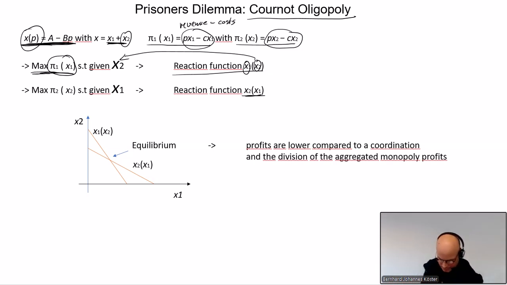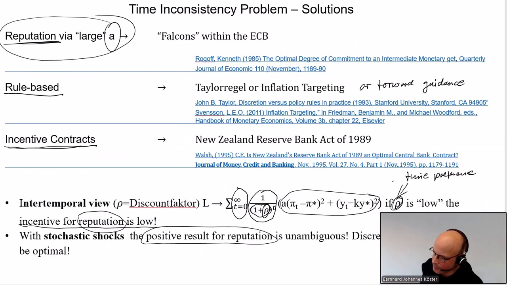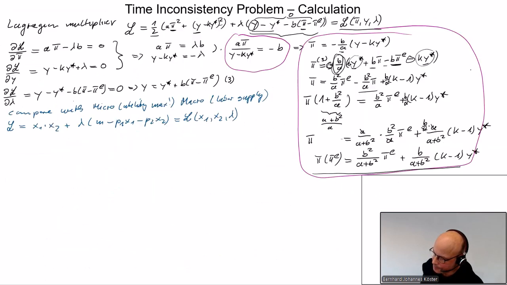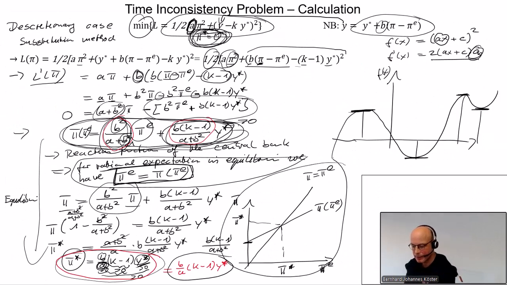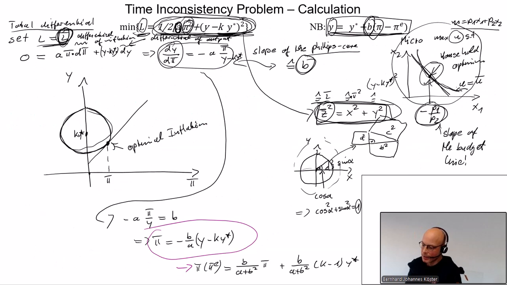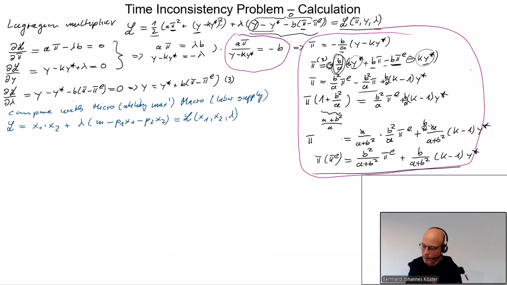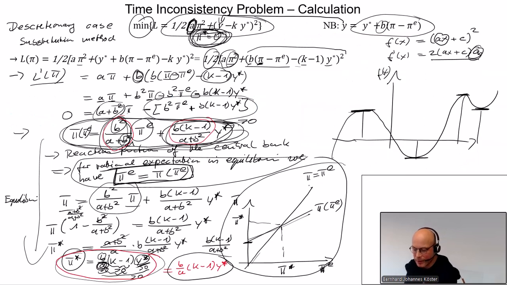And then, similar as we had it here in this diagram, where you have the reaction function cutting the equilibrium condition, we can also interpret this as the reaction function of the public. Rational expectations is, my expectation is the same inflation rate which the central bank sets.